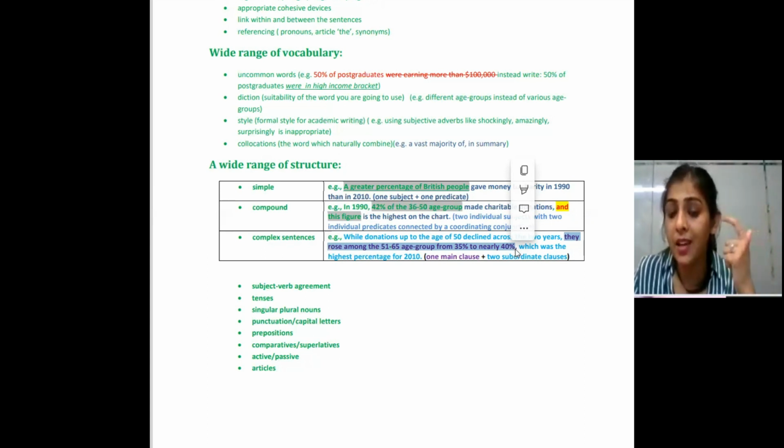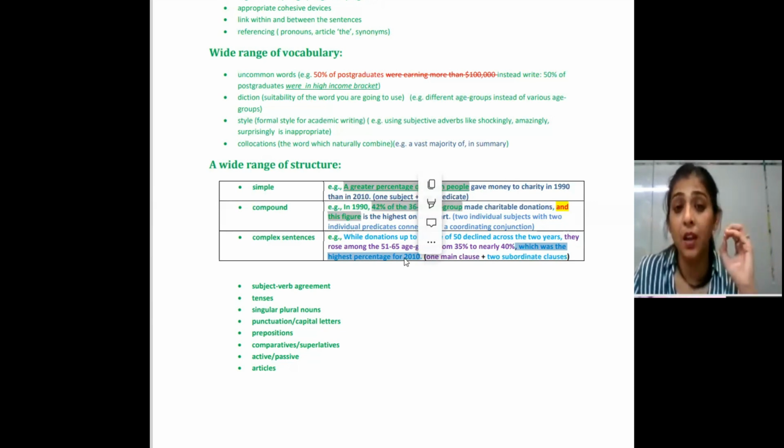Got it? Then there comes a comma, and we have again a subordinate clause which starts with which: which was the highest percentage for 2010. That's once again a subordinate clause because it cannot stand on its own. It's not complete. So these are the two subordinate clauses.